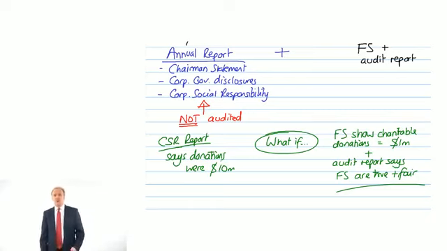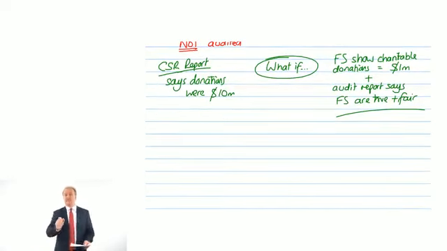The CSR report, which it's not our job to audit, is wrong. And that is going to confuse the shareholders because they're receiving both. And the shareholders might now think our audit report is wrong and that the CSR report is right. And we cannot have our audit report's value undermined like that. Therefore, we cannot allow that situation to continue.